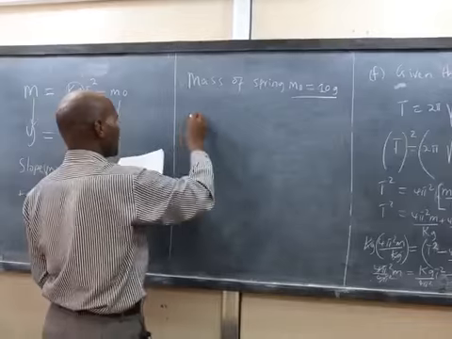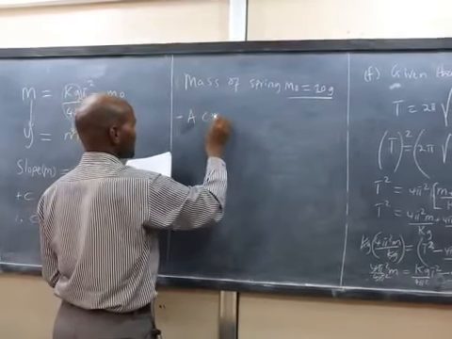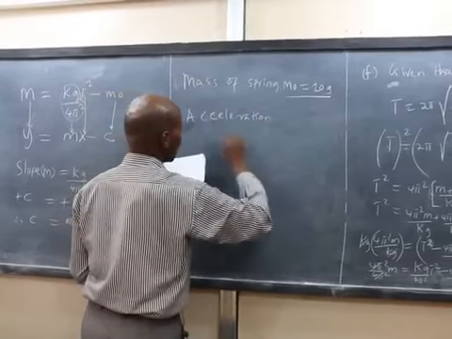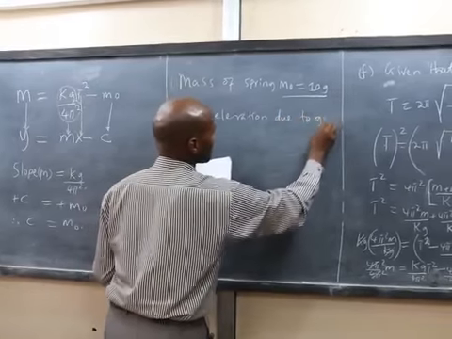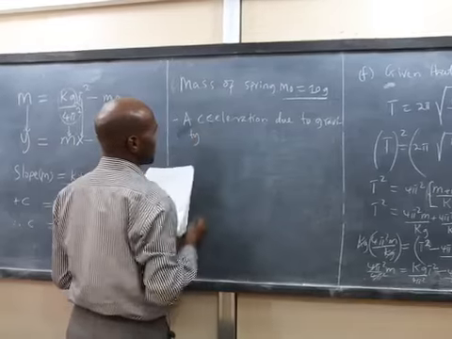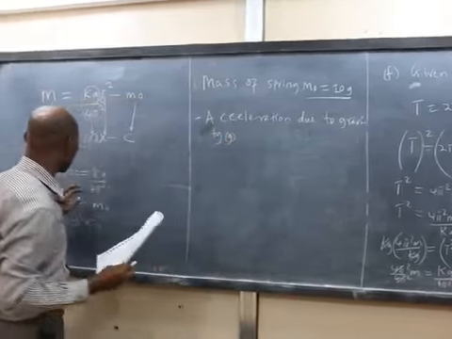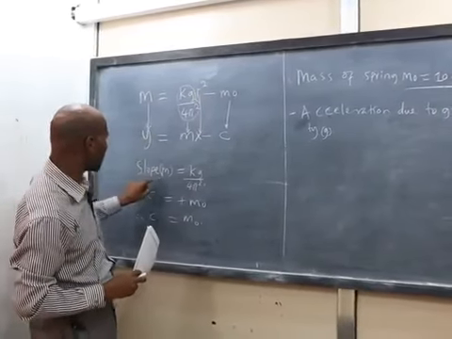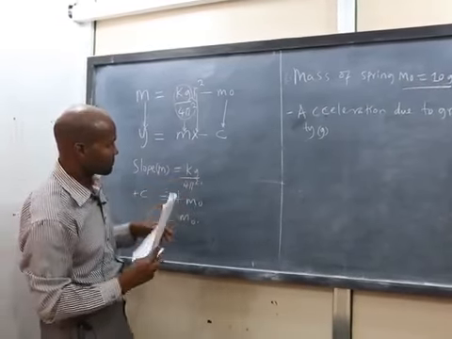The acceleration due to gravity, G, can be obtained from the relation here, from this slope. As you can see, we have the value of the slope already, and the value of k is given.